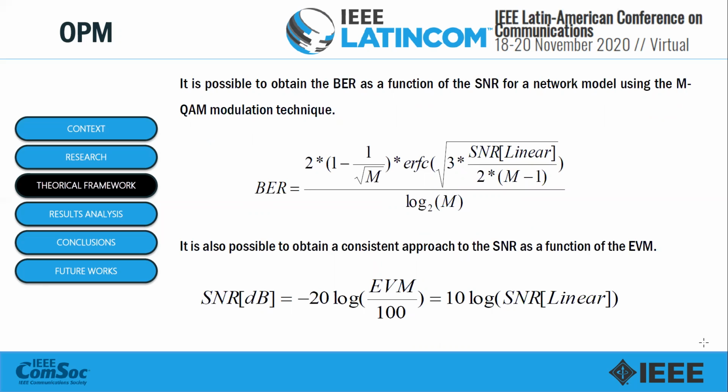It is possible to obtain the BER as a function of the signal-to-noise ratio for a network module using the M-QAM modulation technique, as outlined in this equation of the BER as a function of M, which is the M-ary that we have been talking about.